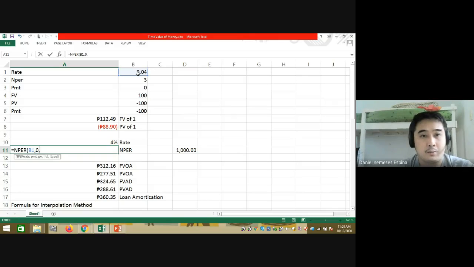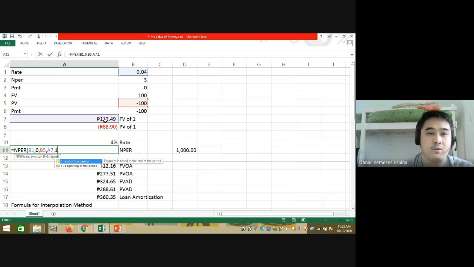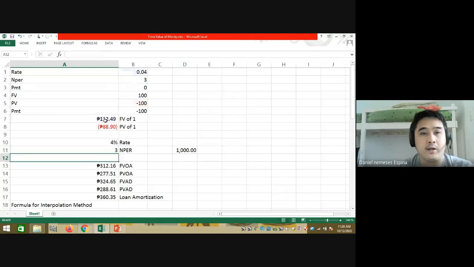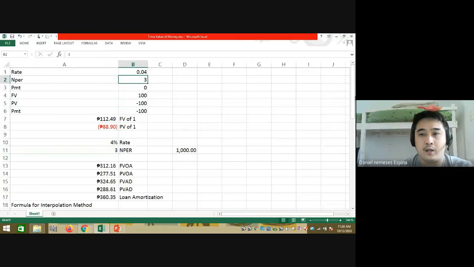The present value is negative 100. Future value is 112.49. As to type, we use beginning because it's a lump sum. So close parenthesis, enter. Check: it's 3 here, 3 years. Which means it is the right answer.